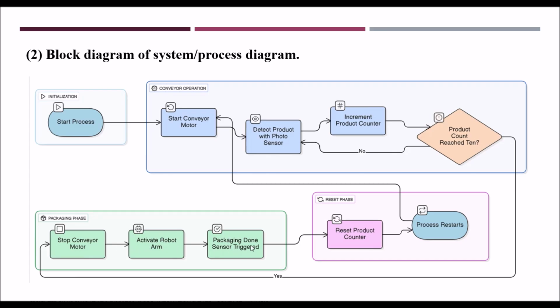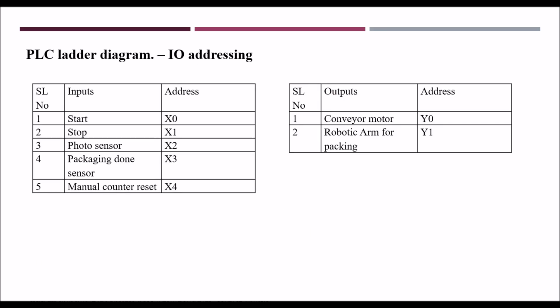And once packaging is done, a sensor gives a signal to reset the product counter. So the process will restart. That means again the conveyor motor is going to start, again the process will repeat. This will be continuously repeated. When you press the stop button, the process completely stops. Okay, so this is the block diagram.